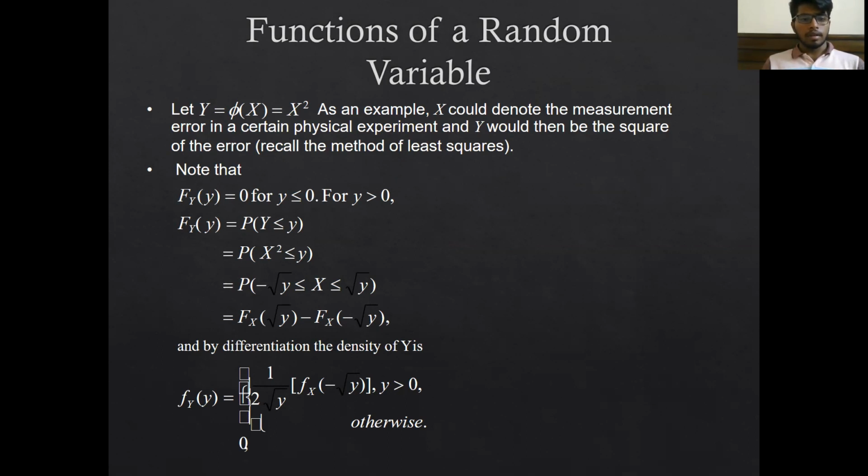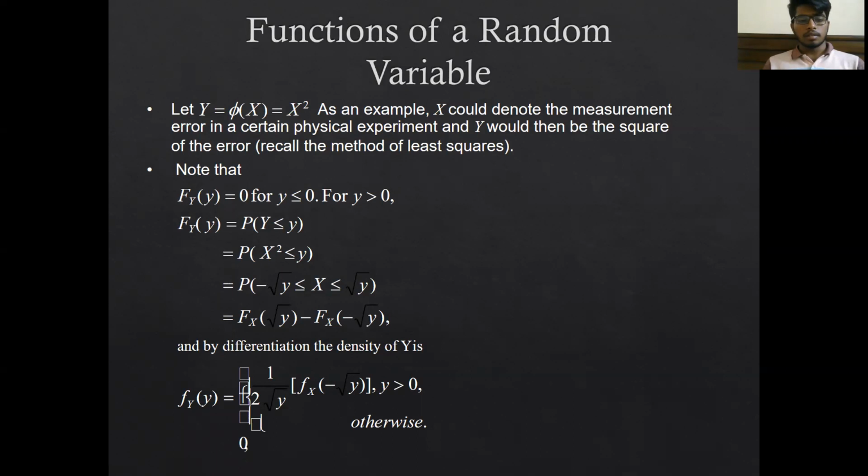Note that F_Y of y equals 0 for y less than or equal to 0. For y greater than 0, F_Y of y equals P of Y less than or equal to y, P of X square less than or equal to y, P of minus root y less than or equal to X less than or equal to root y, F_X of root y minus F_X of minus root y.